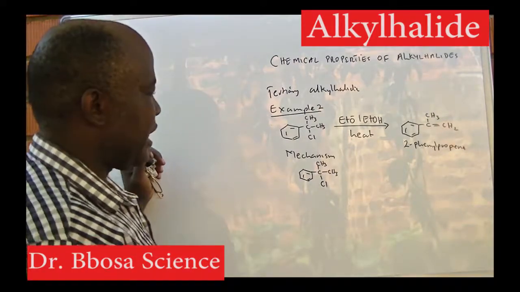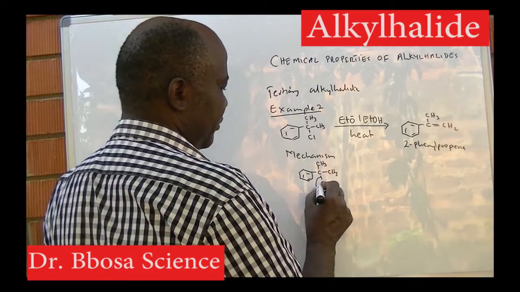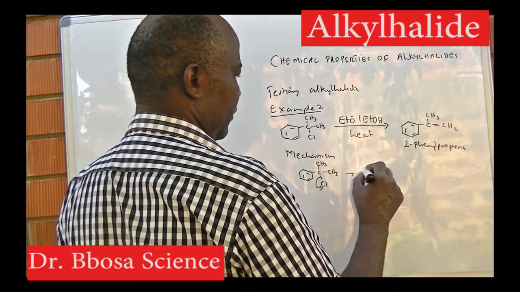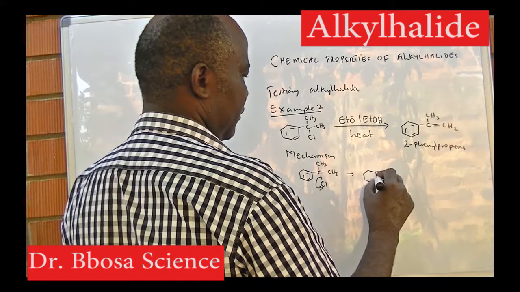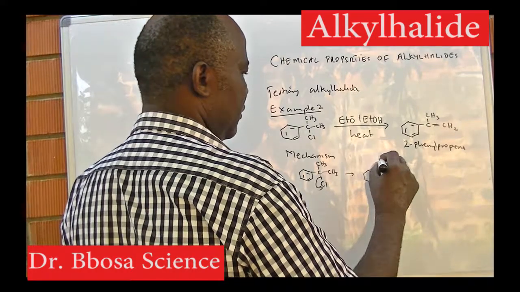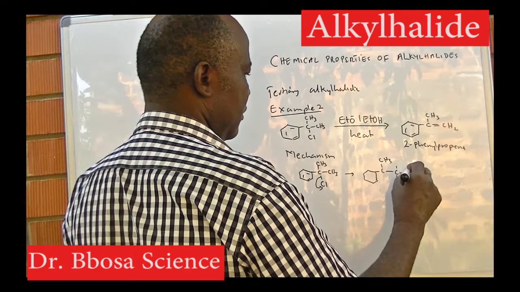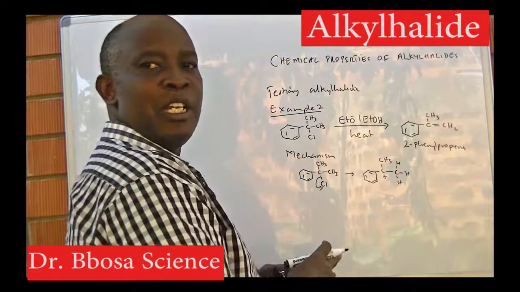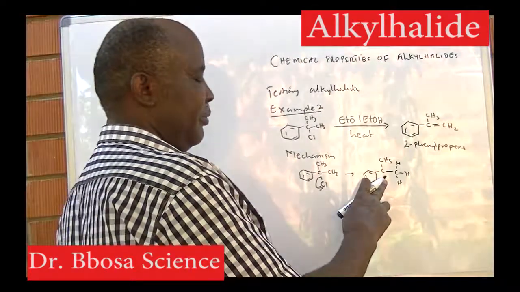This being a tertiary alkylhalide, it first loses a chlorine ion. Then a positive charge forms on the carbon atom that had lost the chlorine ion.